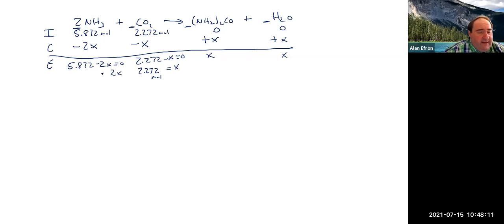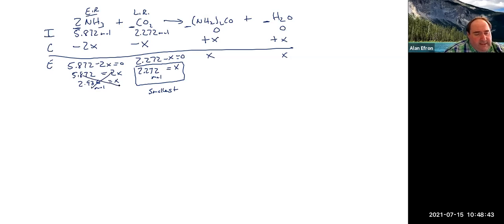We're basically just dividing that guy by 2, and that gives us 5.872 divided by 2, 2.936 moles. In comparison, we see that this x value here is the smallest. And because that's the smallest, that means in this reaction the limiting reagent is our CO2. The excess reagent is our NH3.